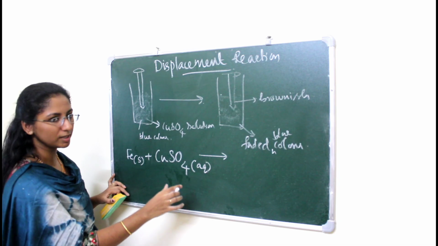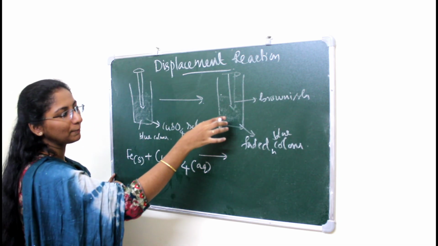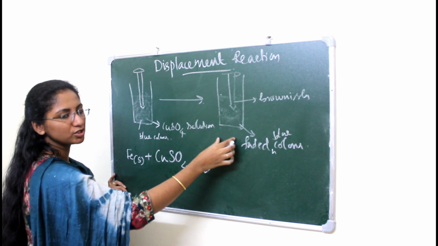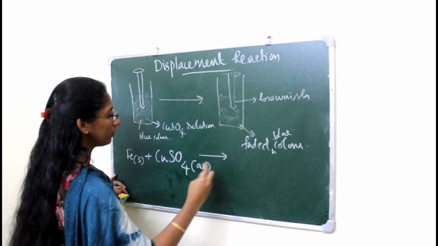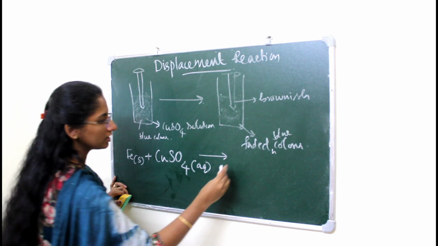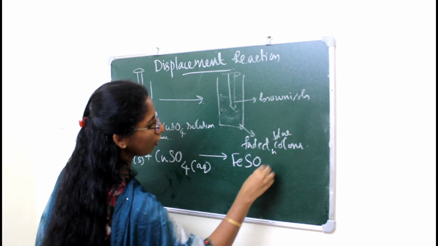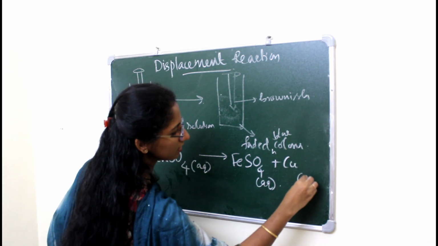After keeping it for some time, there is brown color deposition on this iron nail, and the solution turns from blue to colorless. So what is forming as the product? The formation is iron sulfate and copper. Iron sulfate is in aqueous state, and copper is solid.